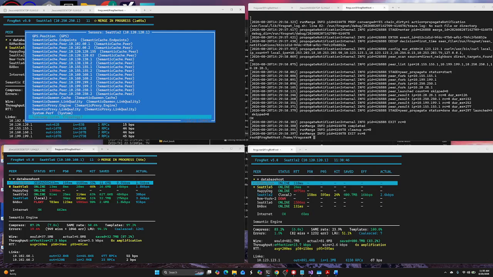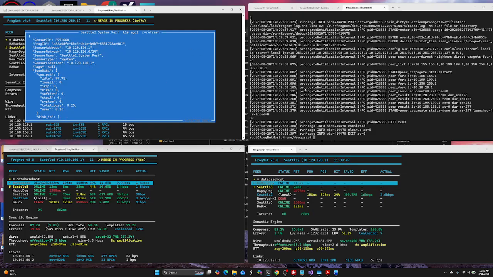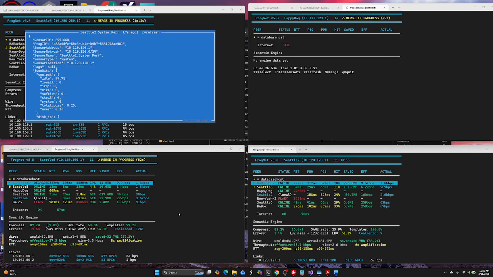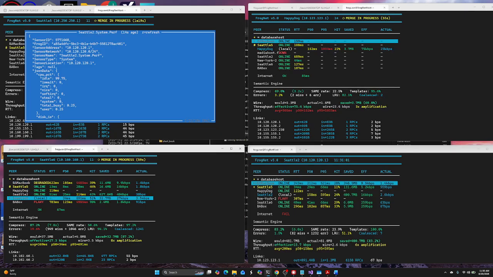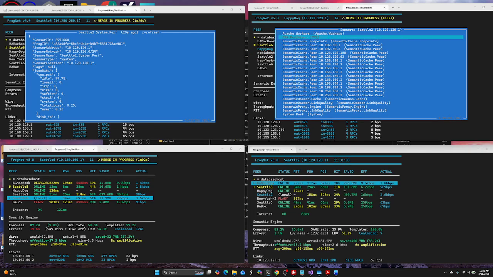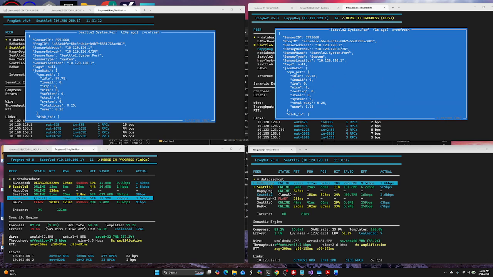So the sensor type here, system perf, for example, I can go to the FrogNet monitor here, or I can come down here and look at Seattle 2's system perf. Actually, let's use this one. Seattle 2's system perf, and we'll see that it's got the same frog ID, right?